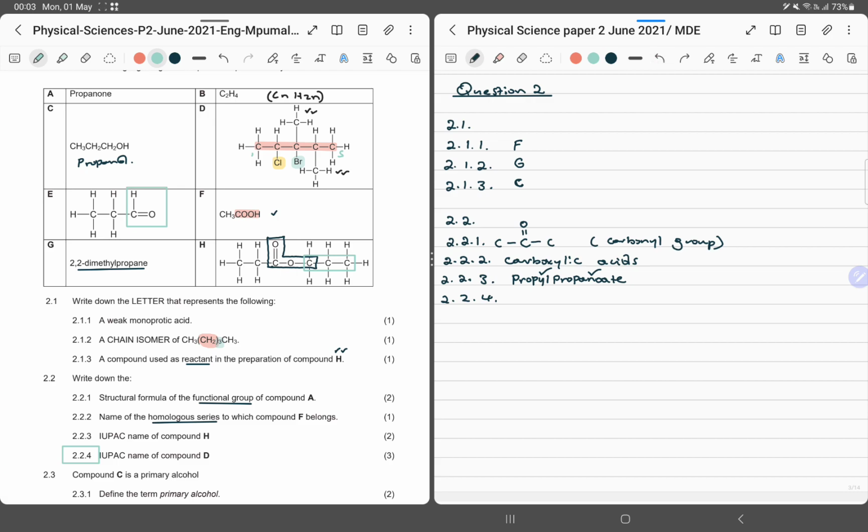No, not 2-chloro. Remember, you name it alphabetically. B comes before C. So this is 3-bromo, 2-chloro, and then this is going to be 3,4-dimethylpentane.